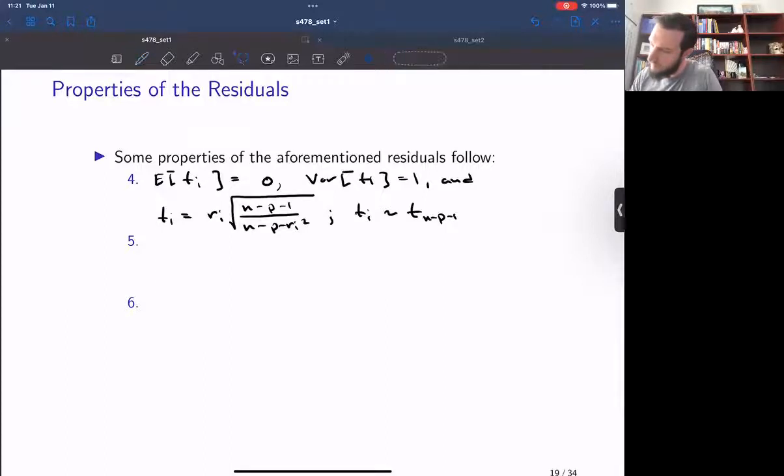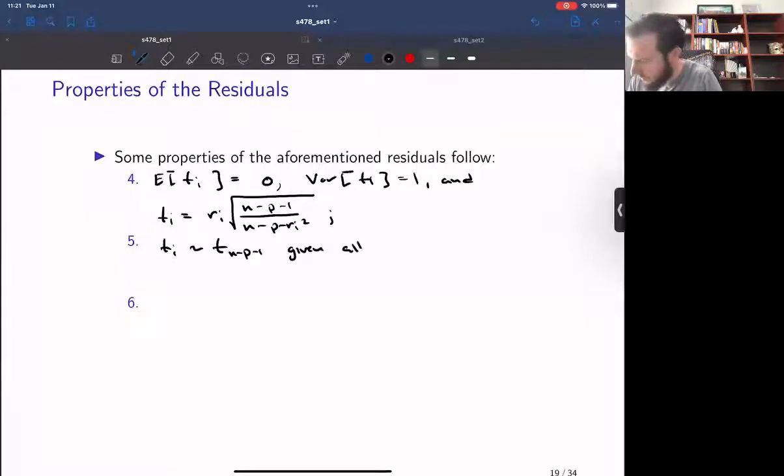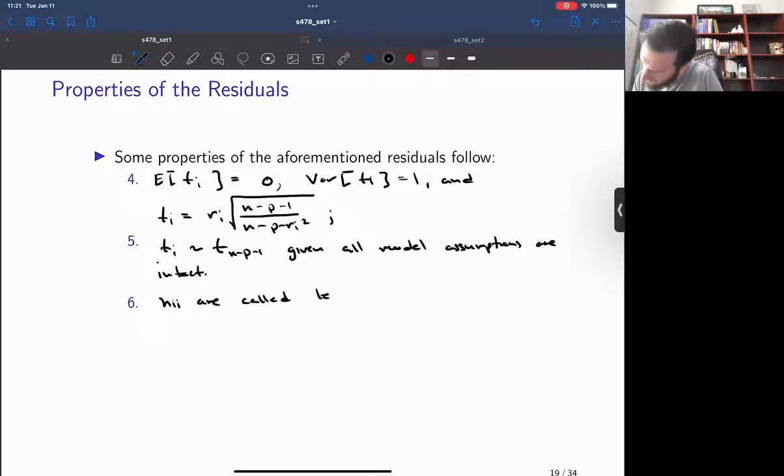Oh, and then I was going to write this in the 5th step. So Ti is distributed t given all model assumptions intact. And then the hii are called leverages.